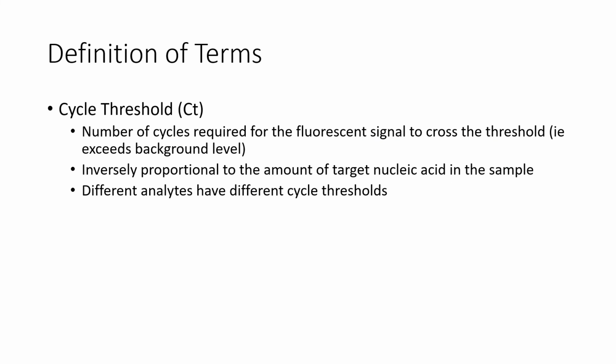Based on this discussion, we have learned that the cycle threshold value is inversely proportional to the amount of target nucleic acid in the sample. Meaning, the lower the CT level, the greater the amount of target nucleic acid in the sample.